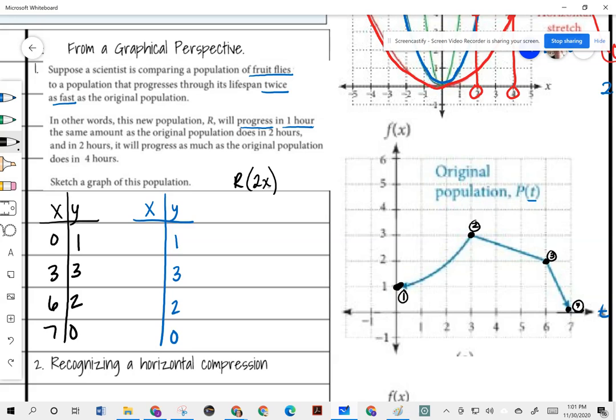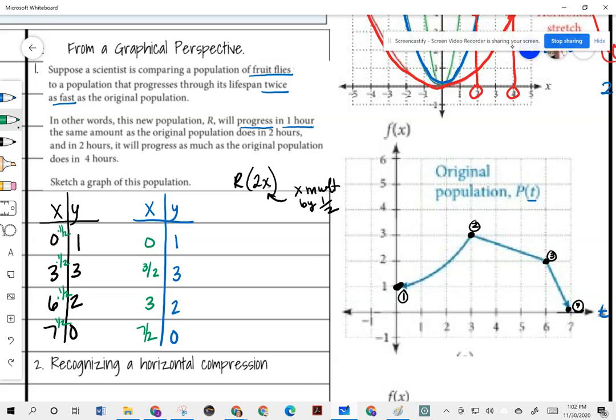It's twice as fast as my original population. Okay, so that means I am multiplying my X values by 1/2. So obviously 0 times 1/2 is going to be 0. 3 times 1/2 is 3/2. 6 times 1/2 is 3. And 7 times 1/2 is 7/2.